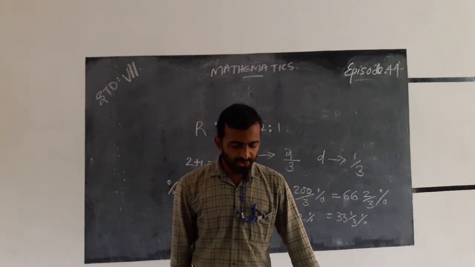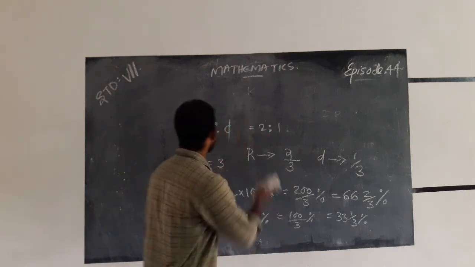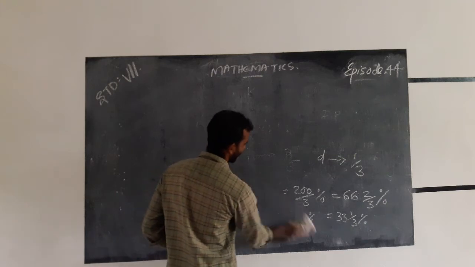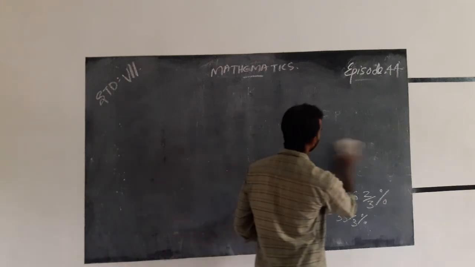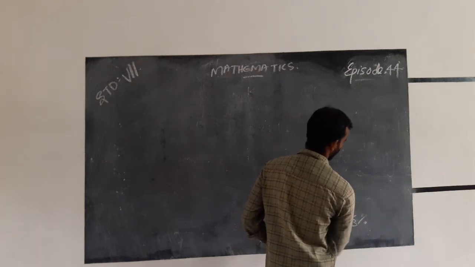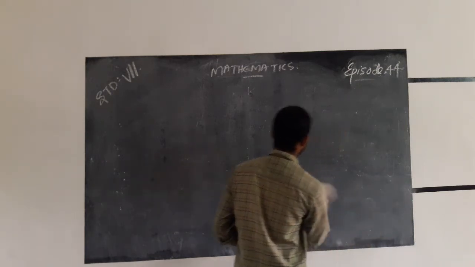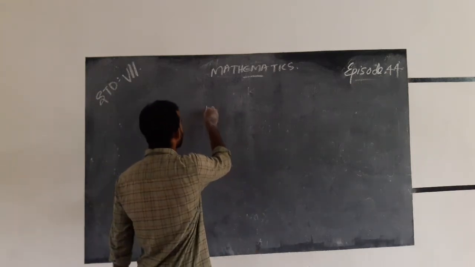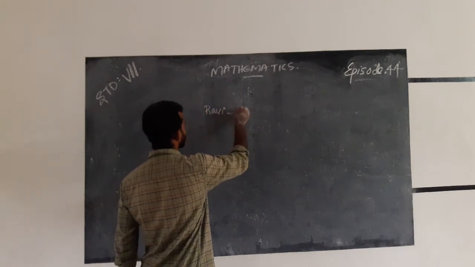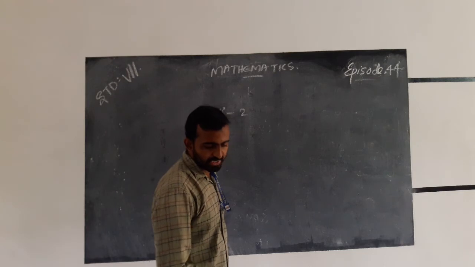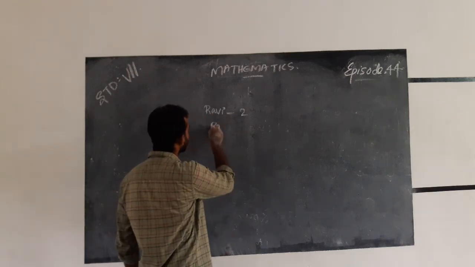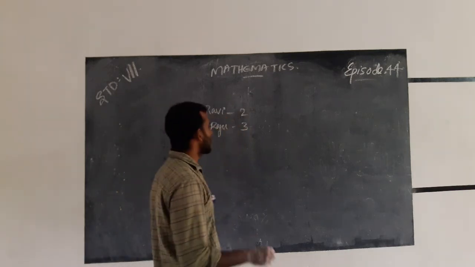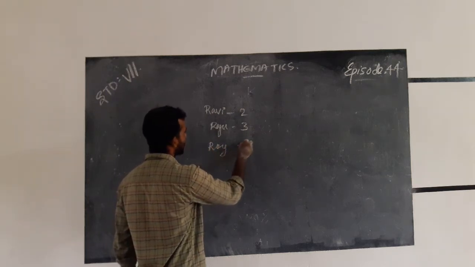Ravi gets 2 parts, Raju gets 3 parts, and Roy gets 5 parts.